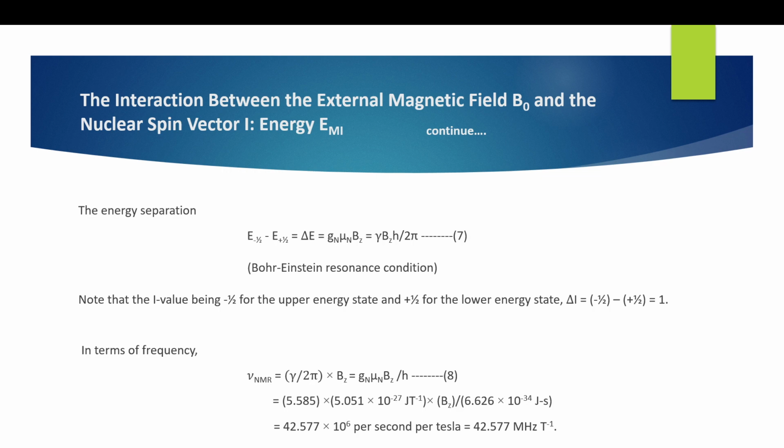In the NMR frequency scale, ΔE has to be divided by h, and we get ν NMR is γ upon 2π multiplied by Bz, equation number 8. If we calculate the value for 1 Tesla, it comes out to be 42.577 megahertz per Tesla.